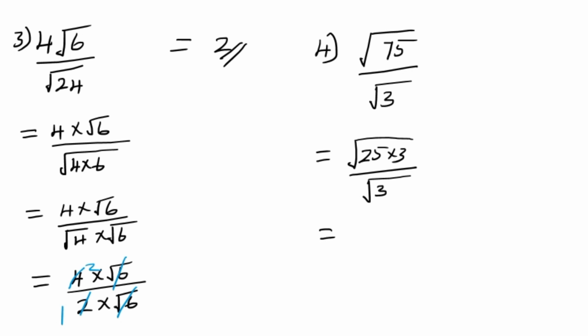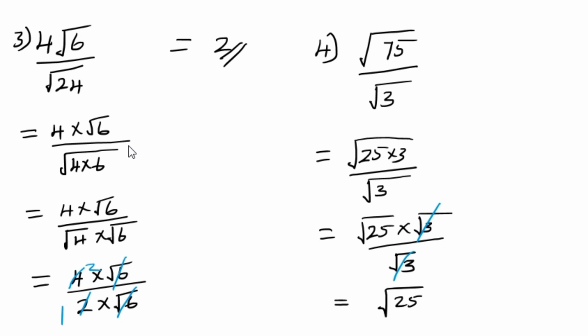Moving on, we can separate them by having the square root of 25 times the square root of 3, all divided by the square root of 3. Now the square root of 3 cancels out, and so we are left with the square root of 25, and the square root of 25 is 5. So this is our solution.